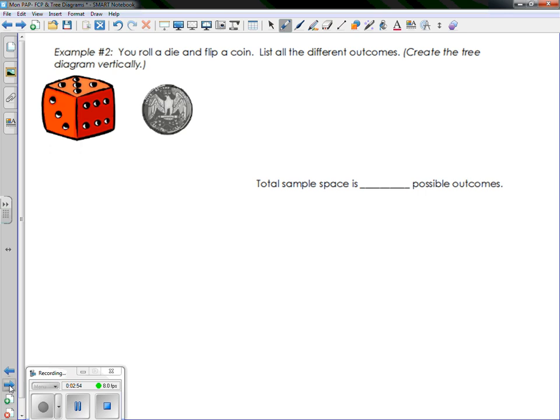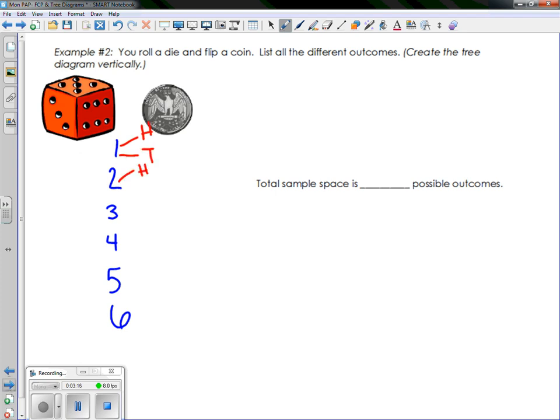All right, so on a die, you have 6 outcomes. You have 1, 2, 3, 4, 5, 6. Those are all the ways I can roll the die. Now for the coin, I have 2 choices, a heads or a tails.